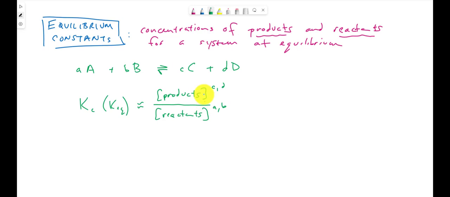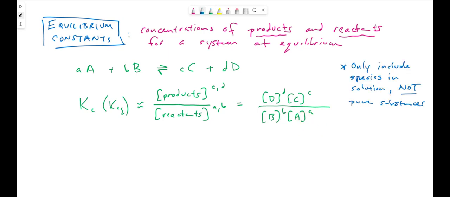So if this is generically true, then let's write up a more specific one for the reaction A plus B goes to C plus D, which should look something like this, where we have the products D raised to exponent d, C raised to exponent c, over B and A. So the major rule in using equilibrium constants is that these are concentrations represented by moles per liter.